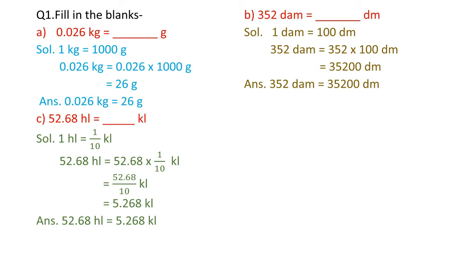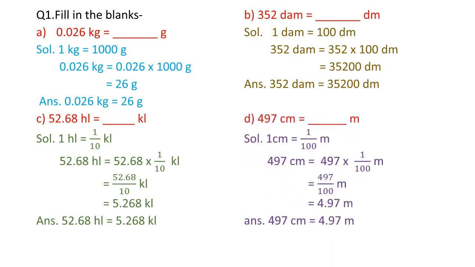When we divide 52.68 by 10, it will come 5.268 kiloliter. So the answer is 52.68 hectoliter is equal to 5.268 kiloliter.